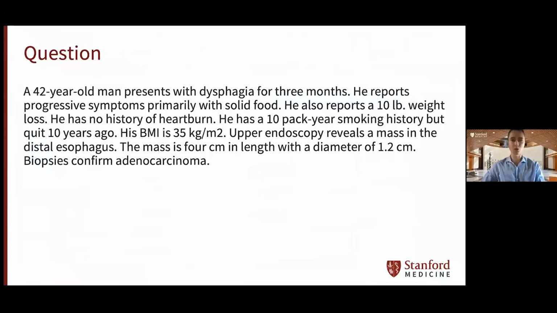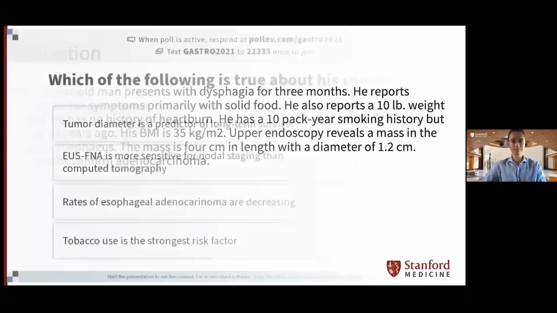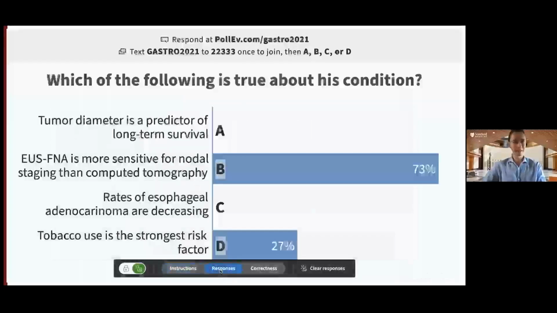And I think we can go to the responses. Okay, so majority of attendants are responding EUS FNA is more sensitive for nodal staging than CT. And some of us are responding that tobacco use is the strongest risk factor. Dr. Triadopoulos, would you like to share with us about the answer for this question?